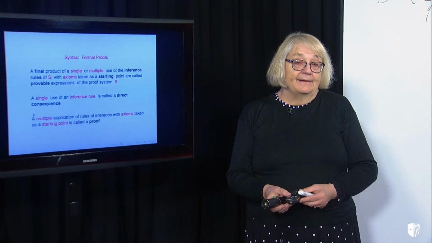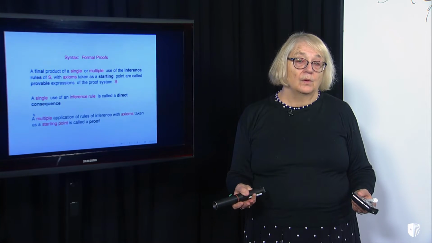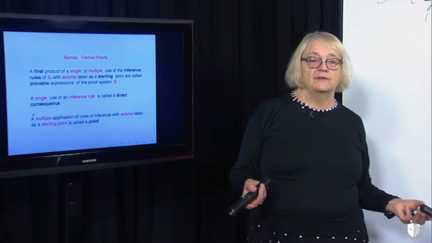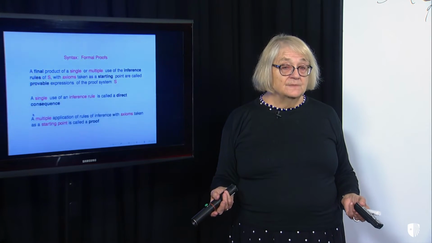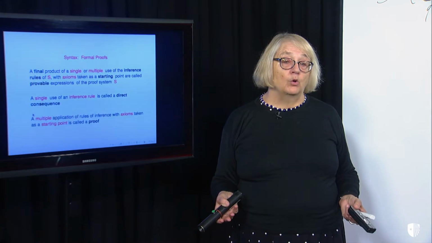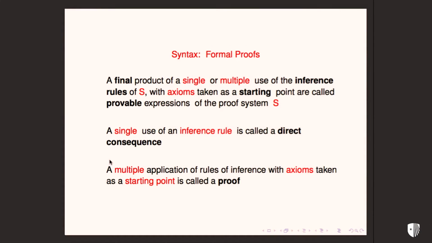And the finite product of single or multiple use of inference rules of the system, with axioms taken as the starting point, are called provable expressions in the proof. And now we have to define formally what that means.